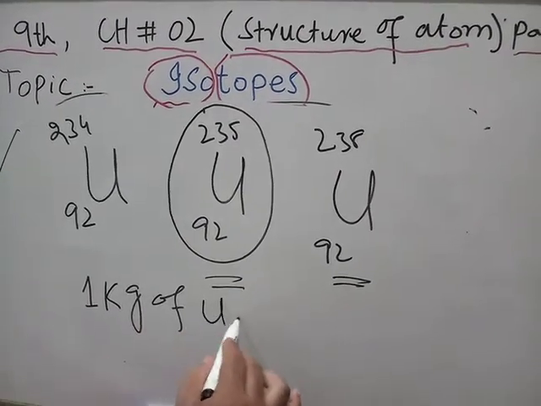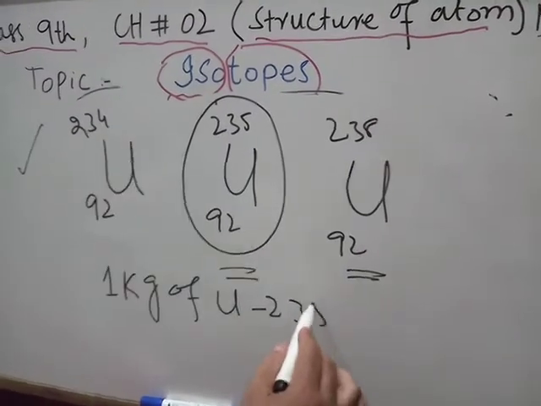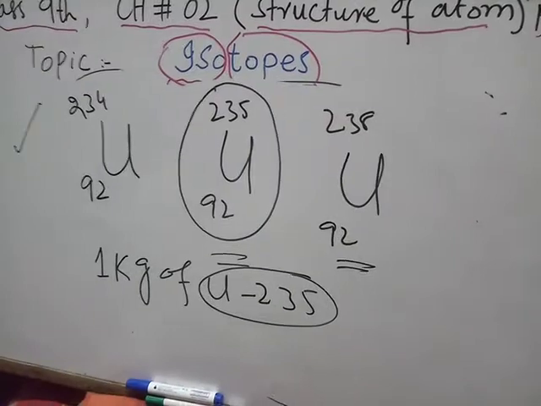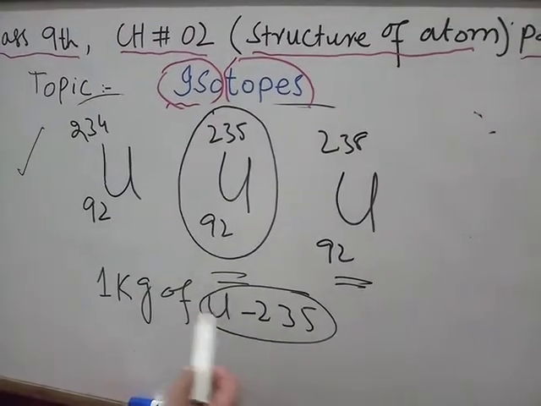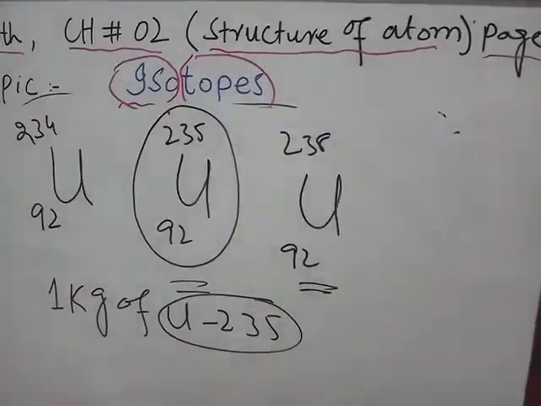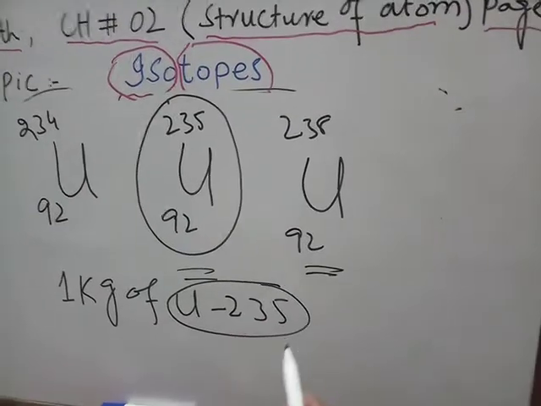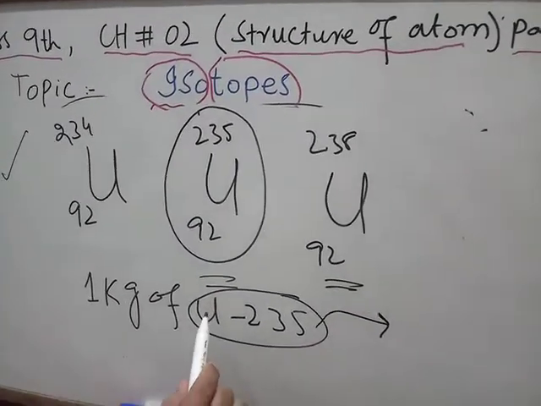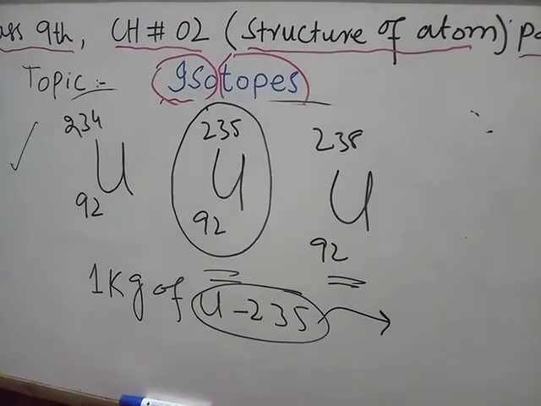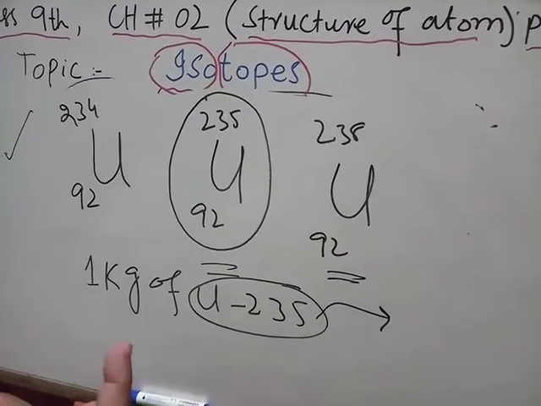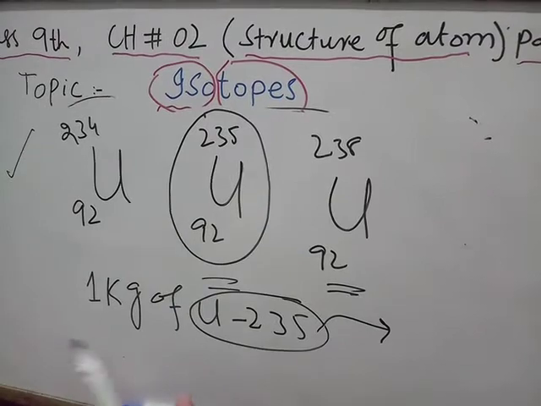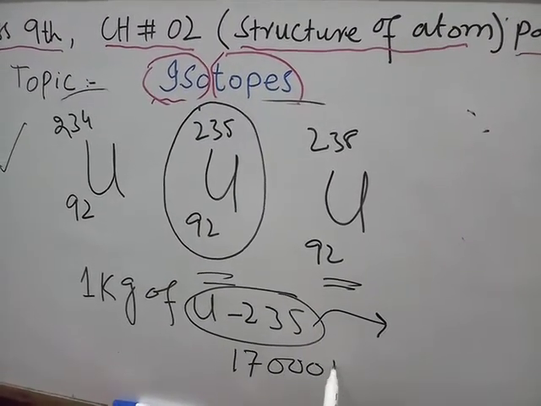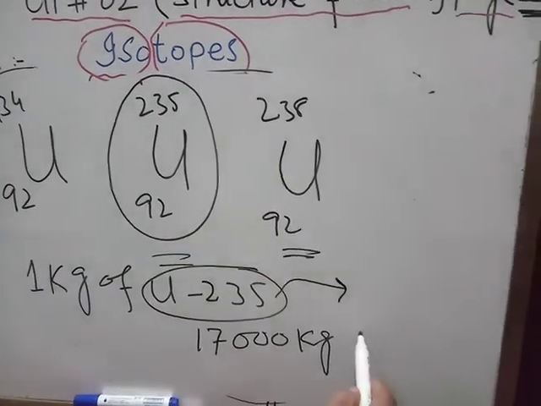Normally isotopes are shown by their mass number because they have different mass numbers. If you have 1 kilogram of U-235, the energy released will be equal to the heat released by burning 17,000 kilograms of coal.